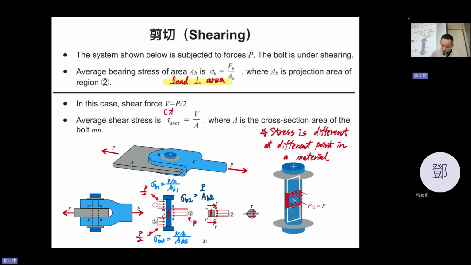Well, I should write down this tau. The important feature of the tau here is that the loading is parallel to the area. Very important, please.